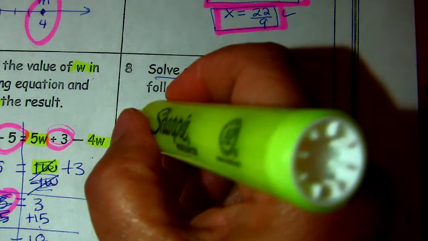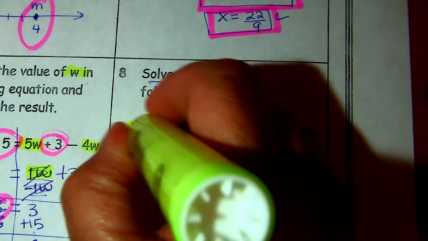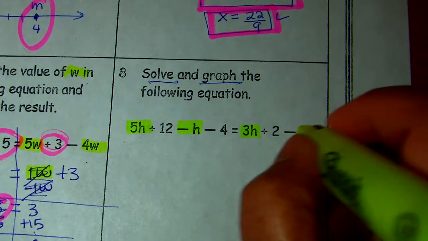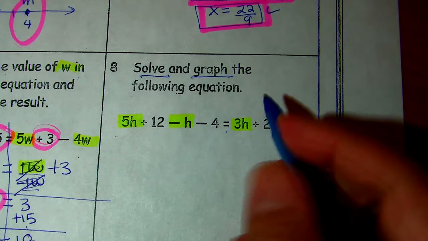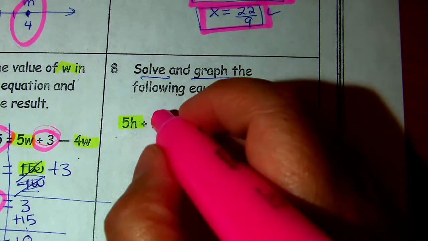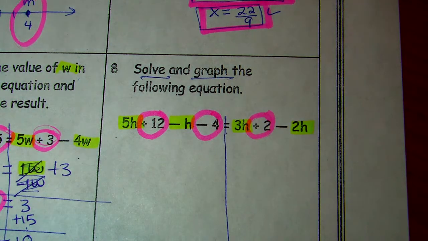Number 8. Solve and graph. So, which letter do we need to solve for? We need to solve for H. I see it here, I see it here, and I see it here. Here's our equal sign. This is where I'm going to draw the line. And then I have this number, this number, this number.